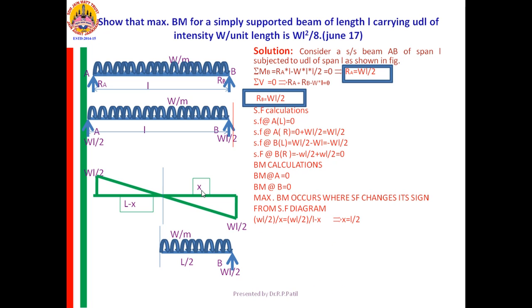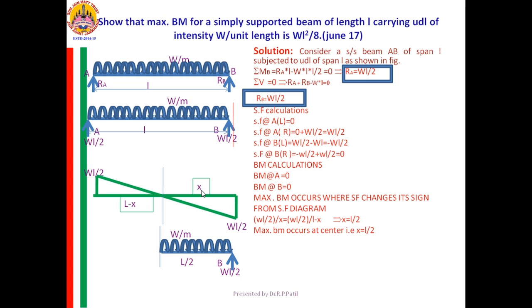From similar triangle property, you just see here, the ordinate is WL by 2 divided by x for this side triangle. That side triangle is WL by 2 divided by L minus x. So if you simplify this equation, you will get x is equal to L by 2. What it says is, the point of zero shear occurs at a distance of L by 2 from B, or the same distance from A. Therefore, you can calculate the maximum bending moment.